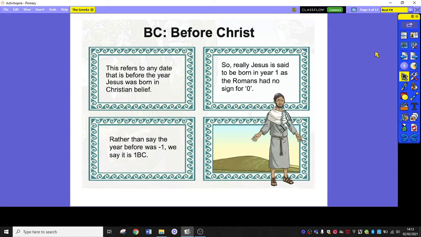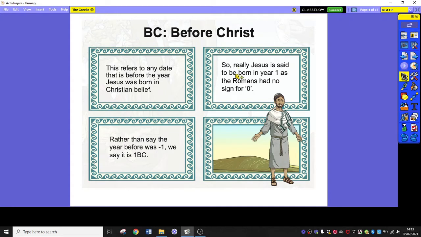Christians have developed a calendar where the year that Jesus was born is marked at 0. And therefore everything before that is given a year BC, or a year before Christ.